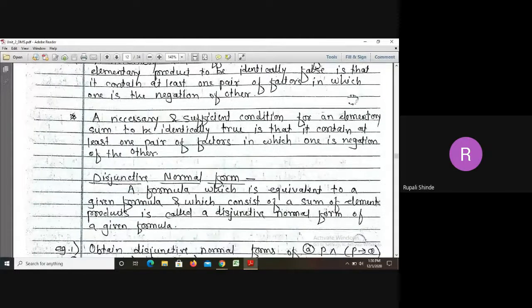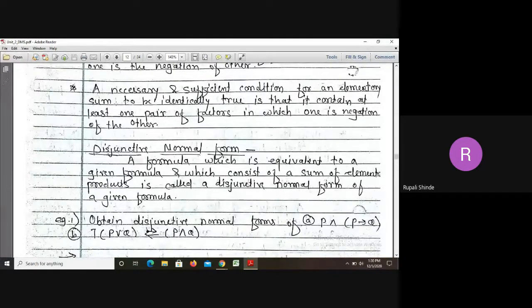Now the next main point is disjunctive normal form, that is DNF. Out of four forms, this is the first normal form. It is a formula which is equivalent to the given formula and which consists of a sum of elementary products. This term is very important.